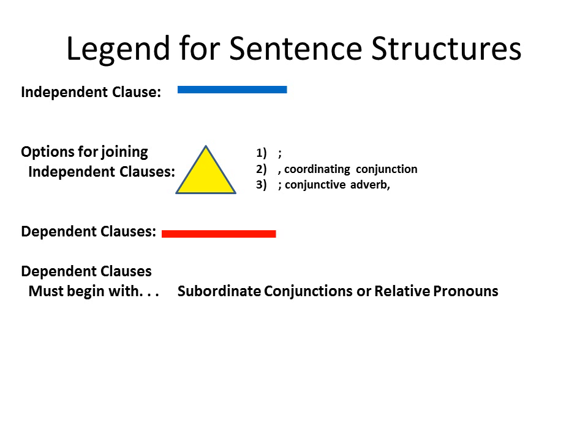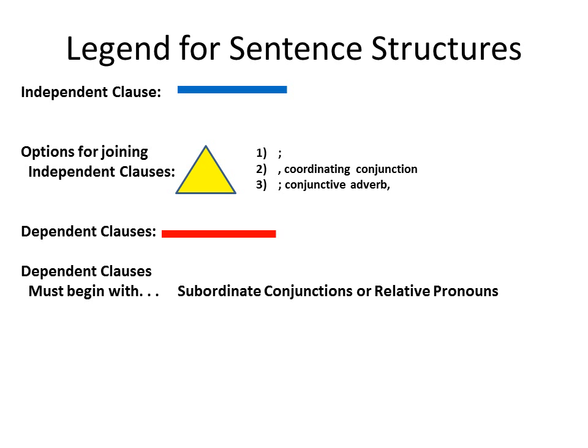Presented on this page is a legend for use through the study of sentence structures using this method. Again, as review, independent clauses are represented with a blue line. The ways that we can join independent clauses when we're making compound sentences or compound complex sentences is represented with the yellow triangle.